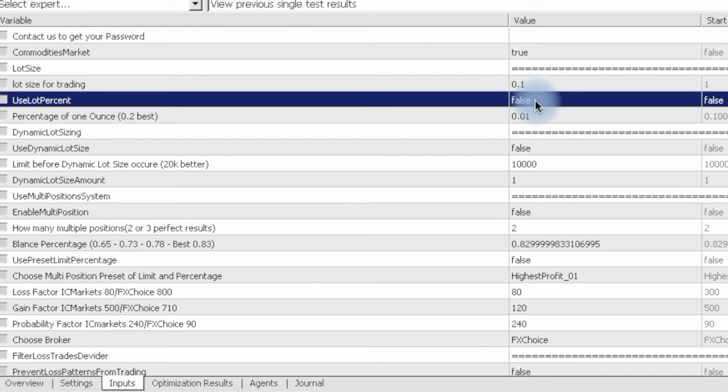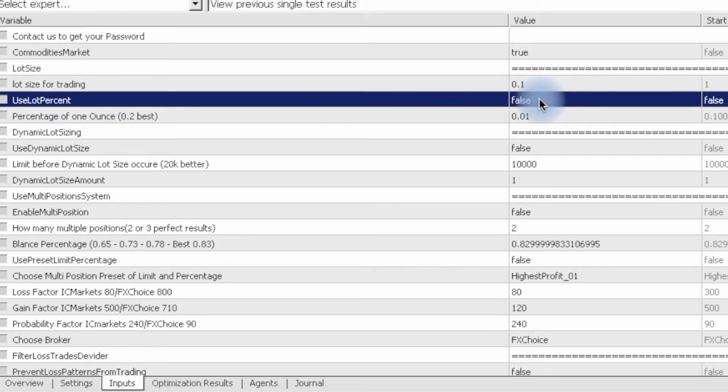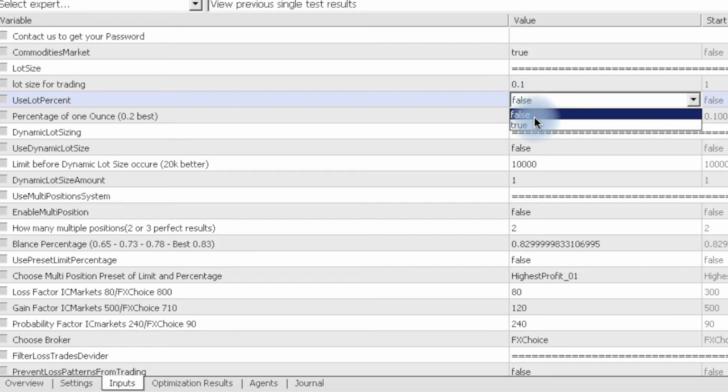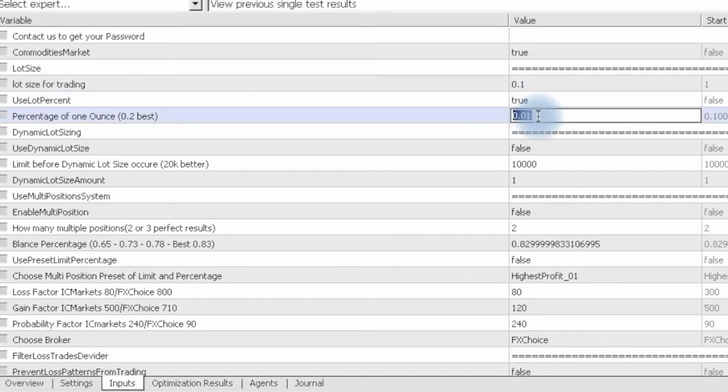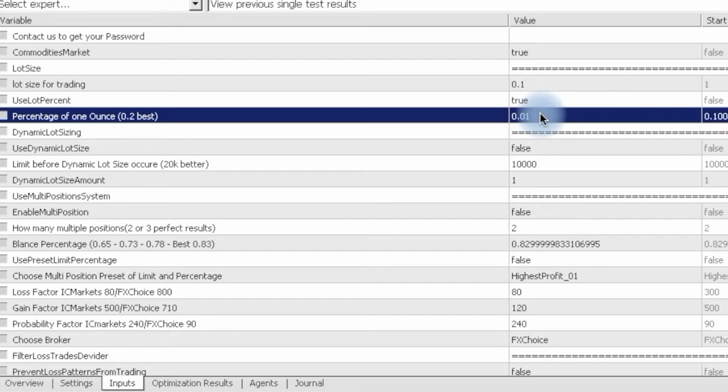Second, which is the UseLotPercent. The first field is fixed, but if you want to use a dynamic lot size based on the percentage of your balance, for example, I'll set it to true, and then I'll say use 1%. 1% out of my balance, then it will always use 1%.